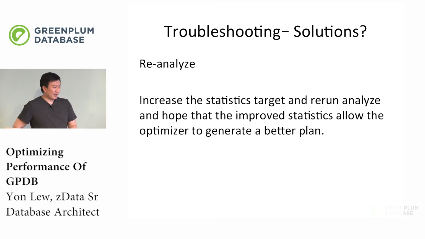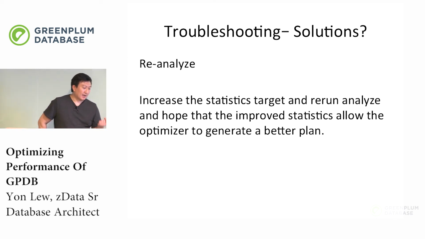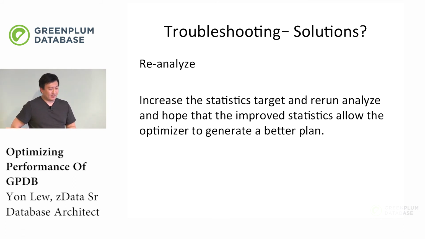So what else do we have available? Well, there's always reanalyze, right? The user has already tried to analyze this partition multiple times, and it didn't actually help. But we can try and increase the stats target and rerun analyze against a bigger sample of the data, and hope that the improved statistics allow the optimizer to generate a better plan, right? What's happened here is that day after day goes by, it loads up the data for that day, everything's fine, and then you get to the problem date.